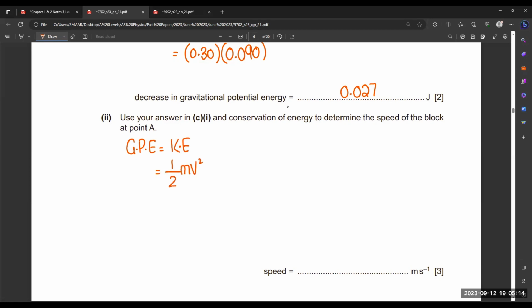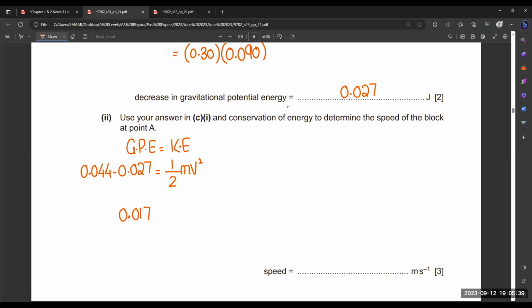We know the energy from before is 0.044, so the decrease was 0.027, so 0.044 minus 0.027 gives 0.017.